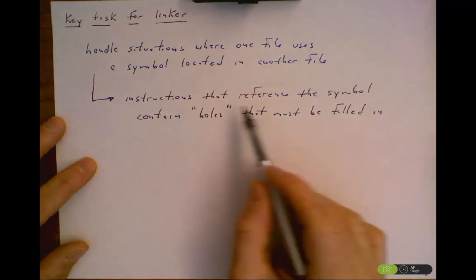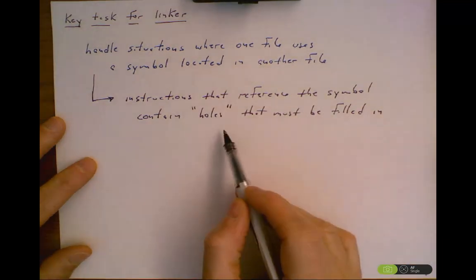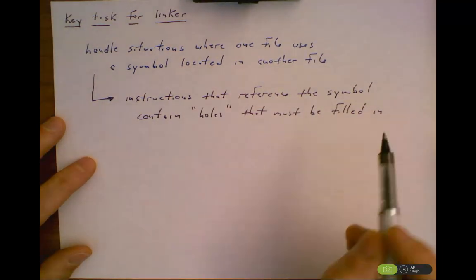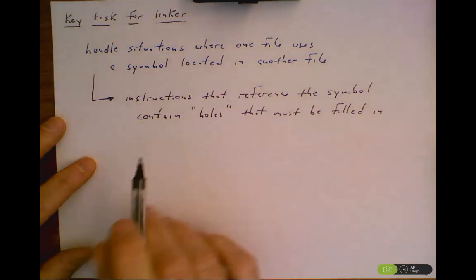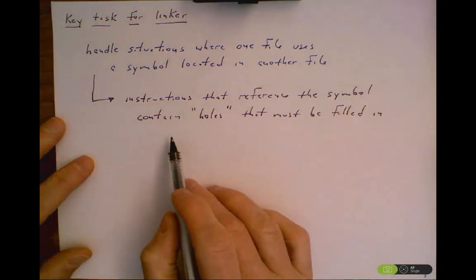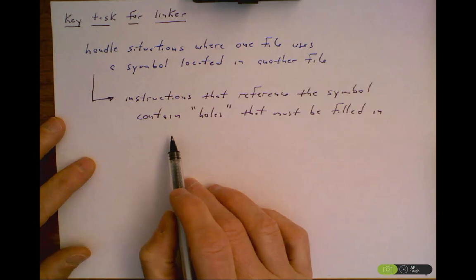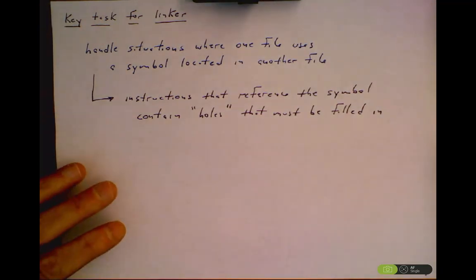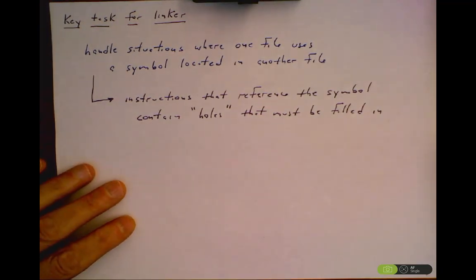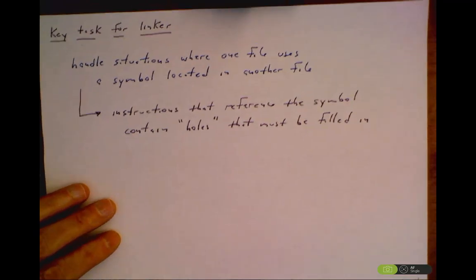So instructions that reference the symbol contain holes that must be filled in. Right, when the assembler assembles my call to printf, it doesn't know where printf is going to be, so it has to leave a hole in that instruction. And when the linker includes the code for printf into the program, the hole will have to be filled in with the actual address of printf. That's the main task for a linker, to do that kind of operation.